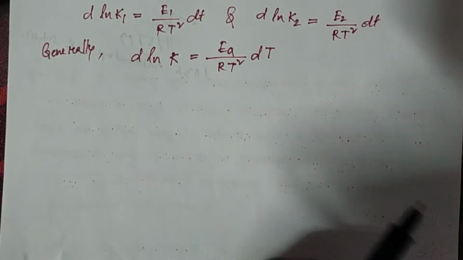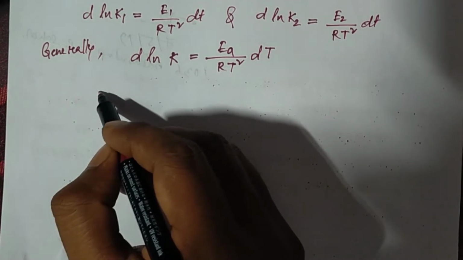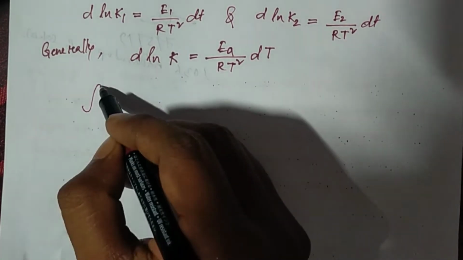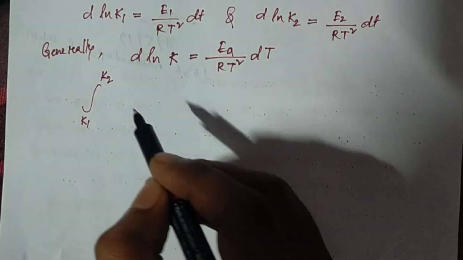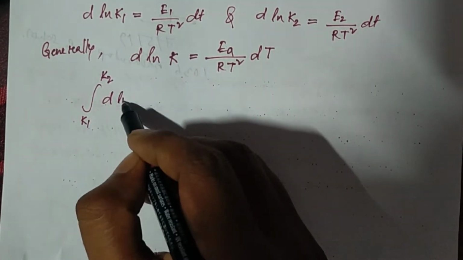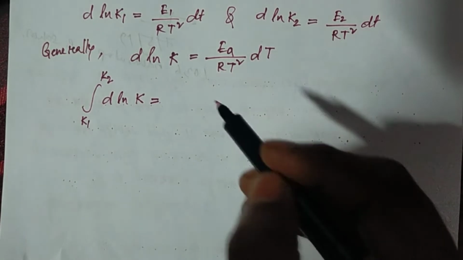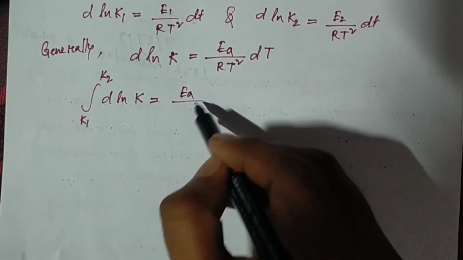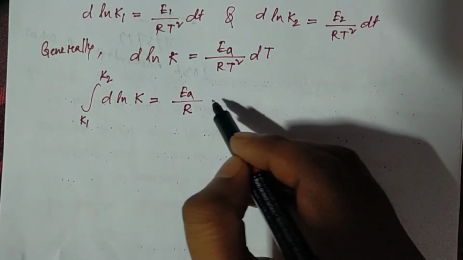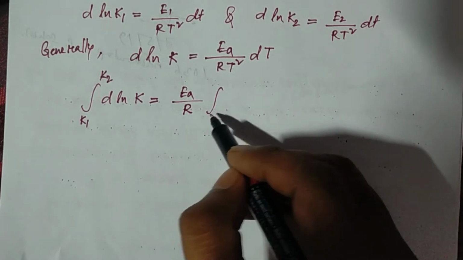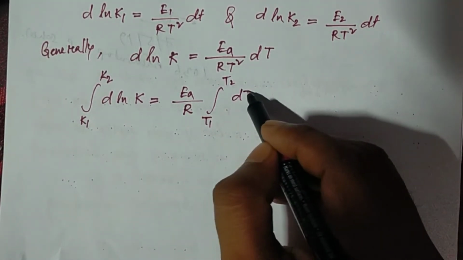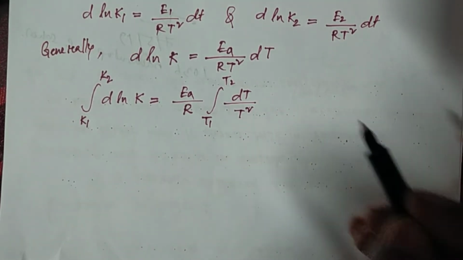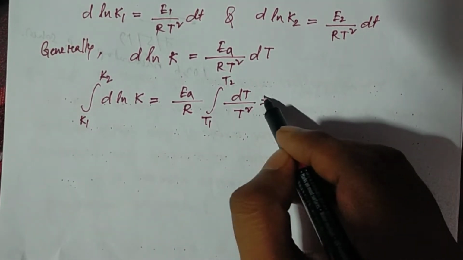Next we will integrate this equation, and the limits will be K1 to K2 for d ln K is equal to EA by R integration, the limits will be T1 to T2 dT by T square.